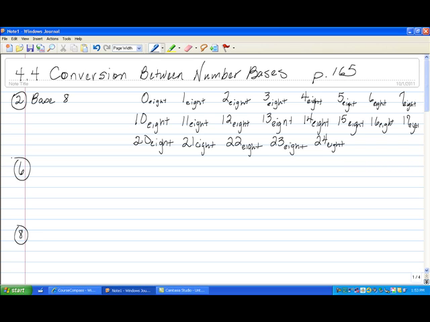Okay, let's go to number 6. Write in the same base the counting number just before, and just after the given number. Do not convert to base 10. So we have 555 in base 6. Okay, the one before is easy enough. All we have to do is subtract 1 from the ones position. So that's the one before.